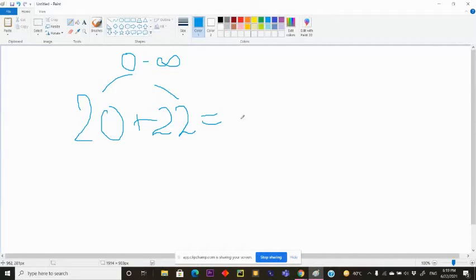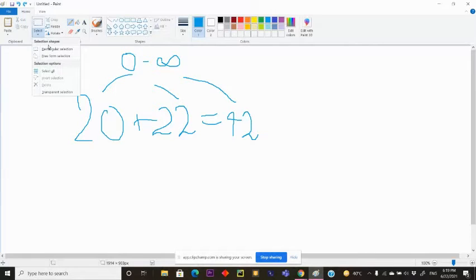Now, what is the answer? It is obviously 42. So 42 is also between 0 and infinite, and that is why it is a whole number. So that is one example. You can test with any number and make sure it's a whole number. And zeros are also included in the whole numbers, if you are wondering.